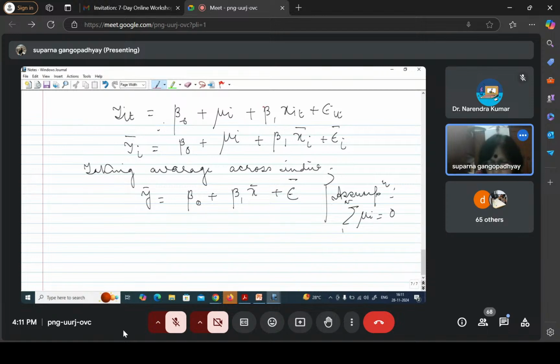You can estimate beta 1. Actually, in the model, you can estimate beta 1. You can estimate beta 0 plus mu i. Isn't it? That means my beta 1 can be estimated, my beta 0 plus mu i can be estimated, but not beta 0 and mu i separately.